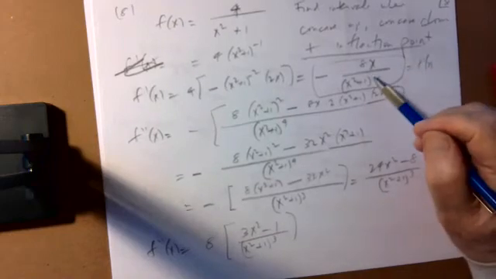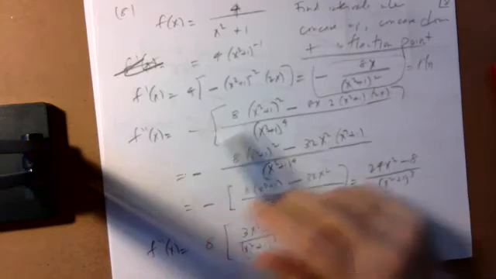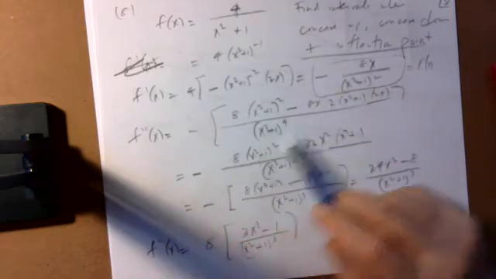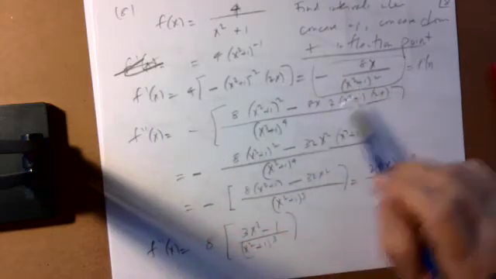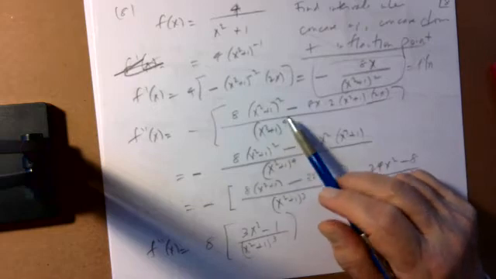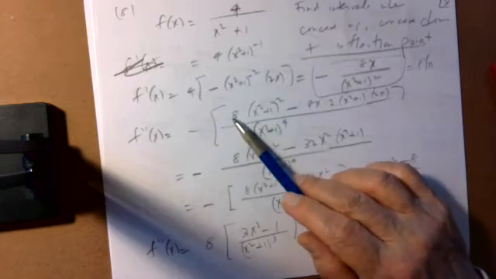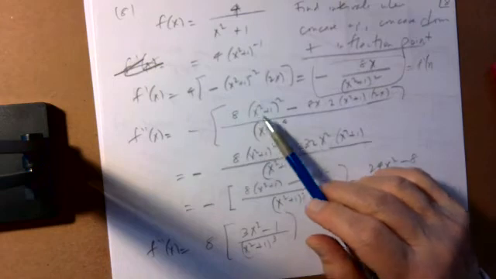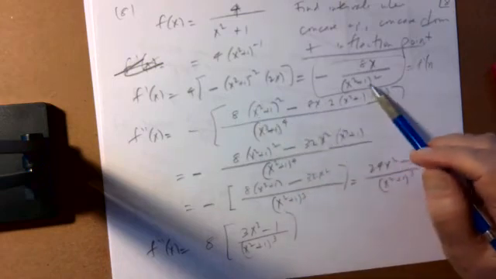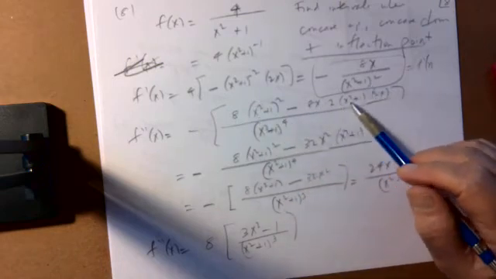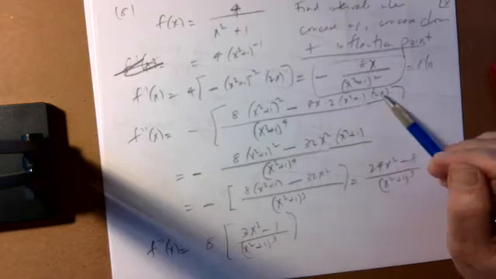And when I differentiate the first derivative to get the second derivative, I put the minus in front of everything, square the denominator, x squared plus 1 to the 4th, the derivative of the numerator, that's 8 times the denominator, minus 8x times the derivative of the denominator, which is 2 times x squared plus 1 times 2x.